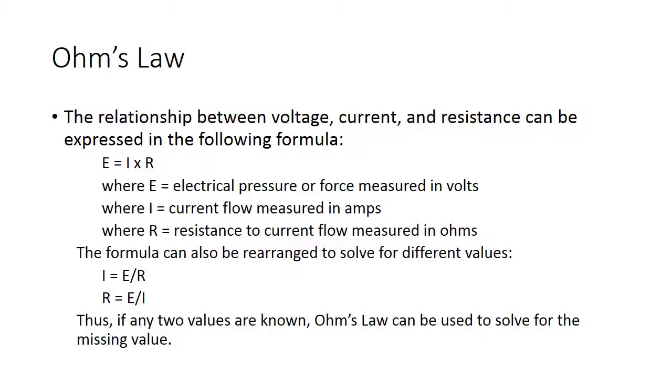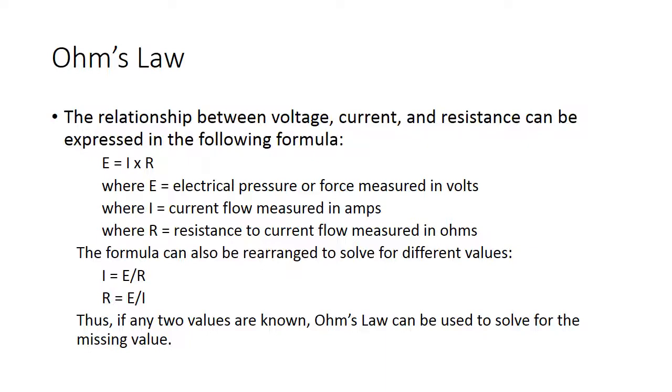This formula can also be rearranged to solve for different values. So, for example, if I wanted to solve for current, then it would be I equals E over R, or if I wanted to solve for resistance, it would be R equals E over I. So the basic idea is that if any two values in the circuit are known, you can use Ohm's law to solve for the missing value.